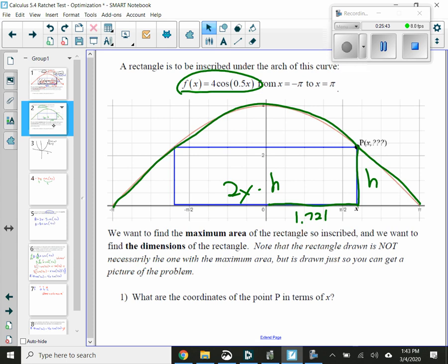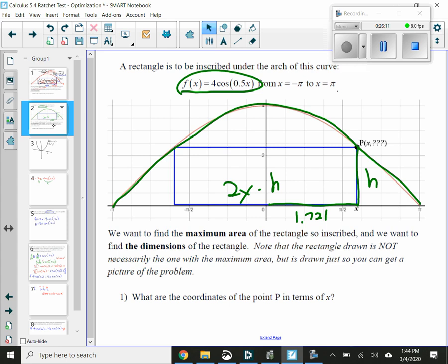I thought when you plugged it in to the equation, you got the whole area. Like if you put it into Desmos, a of x, and then you plugged in for x 1.721, and then you said, oh, that's the whole area. But I thought that was the y value, the height. No, the one okay.